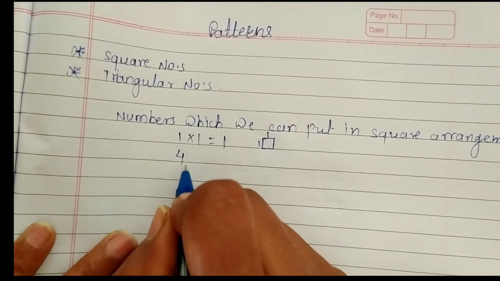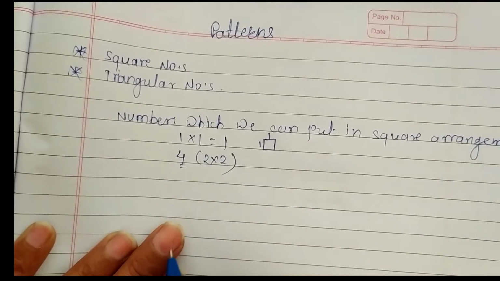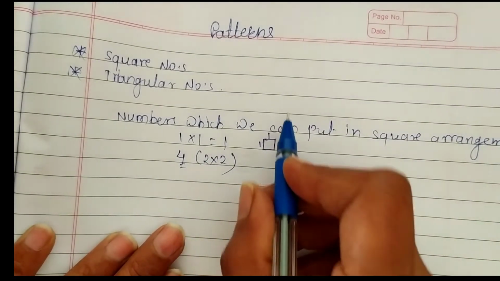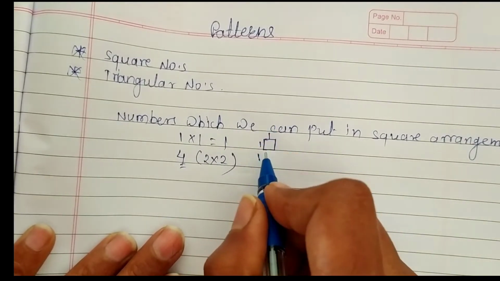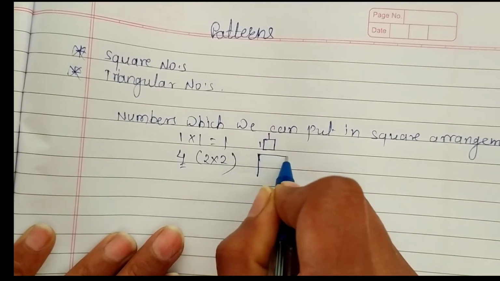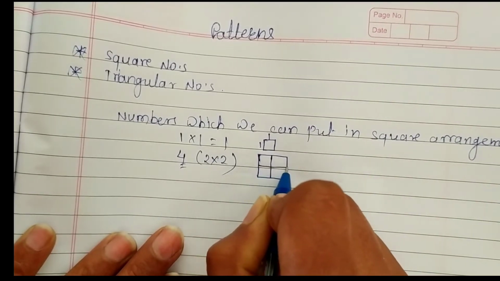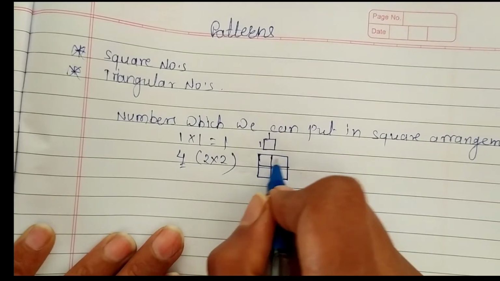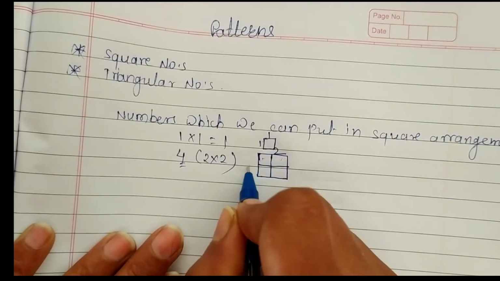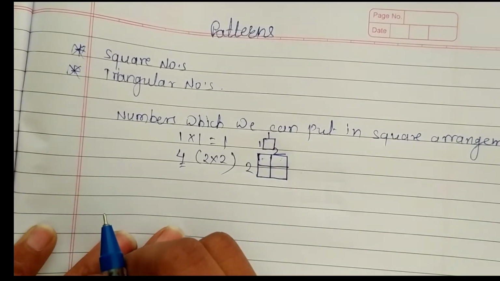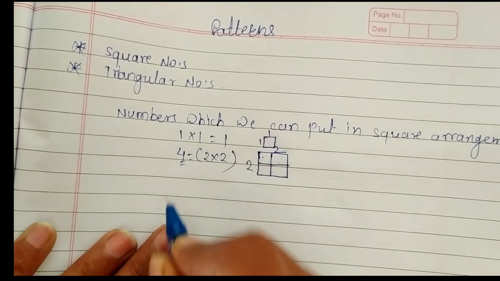Now, for 4 we have to multiply 2 into 2, then we get 4. So how can we present this in square arrangement? Like this. Here we have 2 squares, and here also we have 2 squares, in vertical and horizontal. So 2 by 2 is equal to 4.